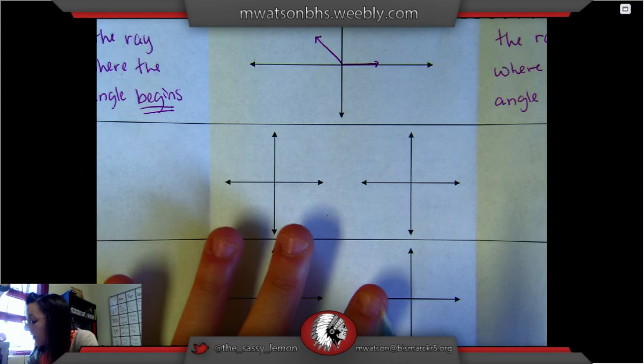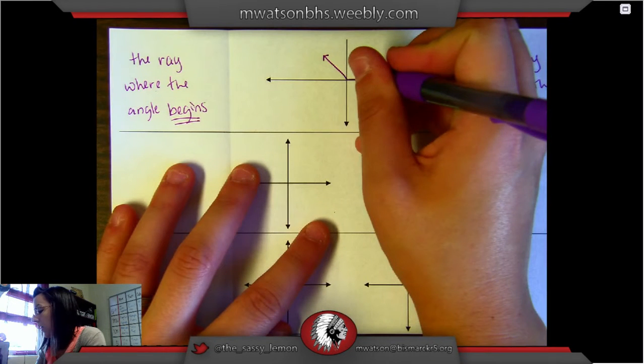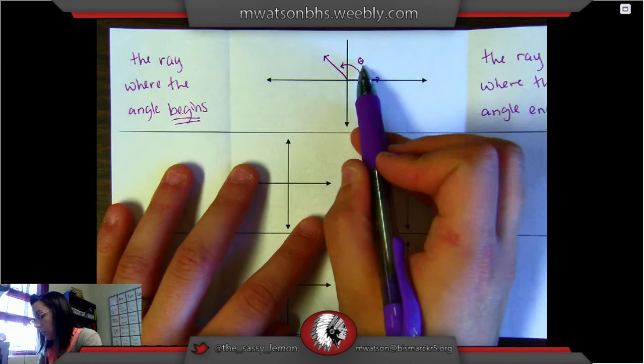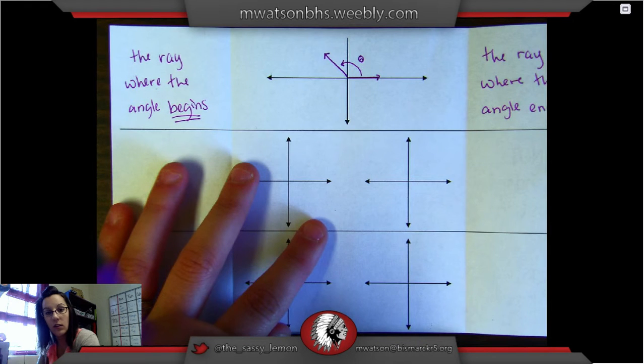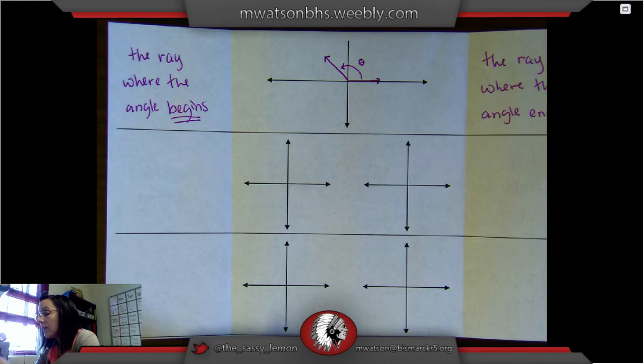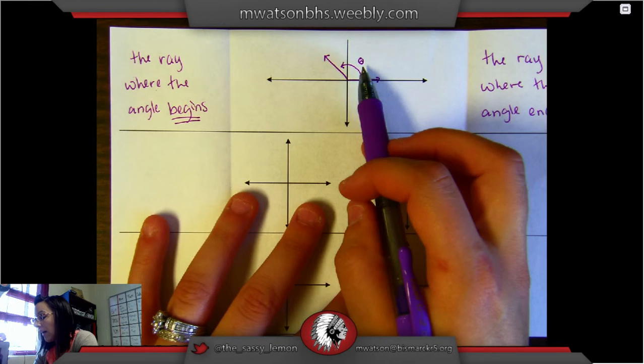And we're going to use a symbol that you might not have seen before, and that is theta. I'm putting this arrow here to show that this is the direction that the ray is opening, and theta is a symbol for an angle. In the past, you've always been given the angle, like this might be 65 degrees, but now we have a variable specified for angles, and that is theta.